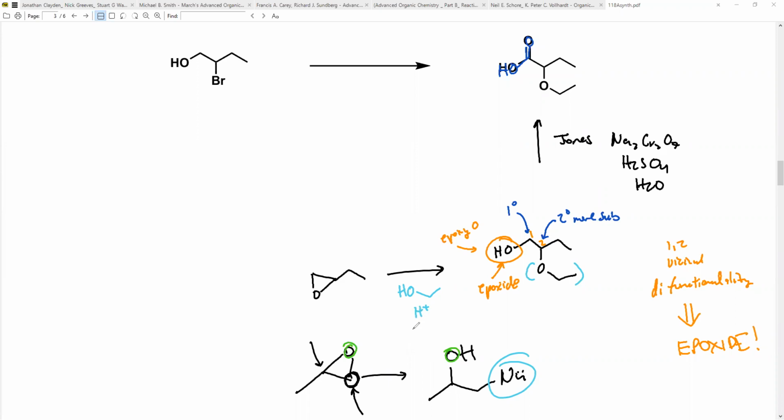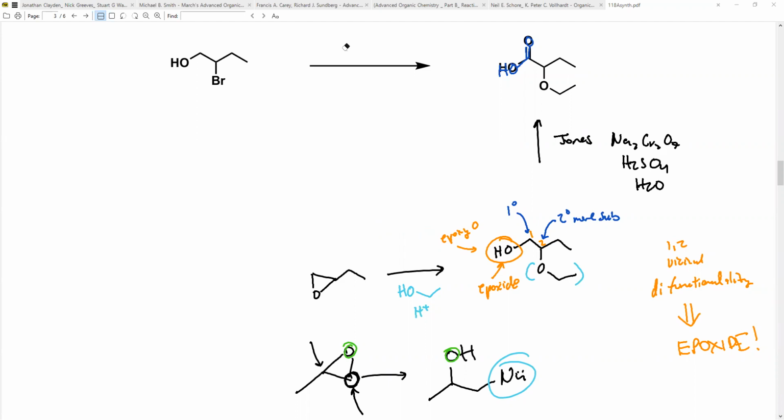Okay, so it's a more sub addition, so use the protic molecule in acid. If you were to add to the other side, I would just use the basic version of the molecule, the conjugate base. So that's a very good way to determine what to use. If you have to use an acidic condition, draw the conjugate acid of that molecule and then put it in acid. If not, just use the conjugate base, and don't put any acid. You don't want to do that.